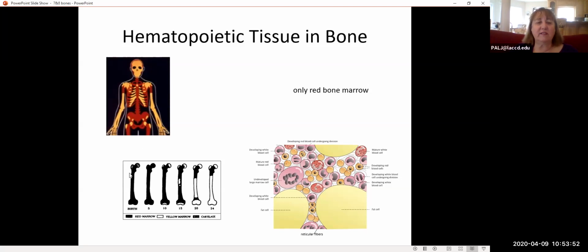And so if we look, for instance, just at the femur, what you will notice is that at birth, almost the entire femur does hematopoiesis, but by the time you're an adult and ready to graduate from college, it's only the proximal portion of the femur that does any hematopoiesis.